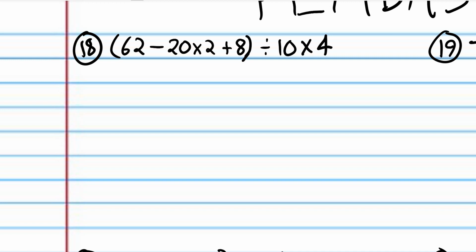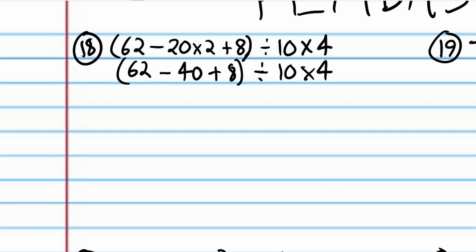So we have to do multiplication first. 20 times 2 is 40. Now we have subtraction and addition inside the parentheses. So we have to move left to right. Do the operation farthest to the left first, which is 62 minus 40, which is 22.